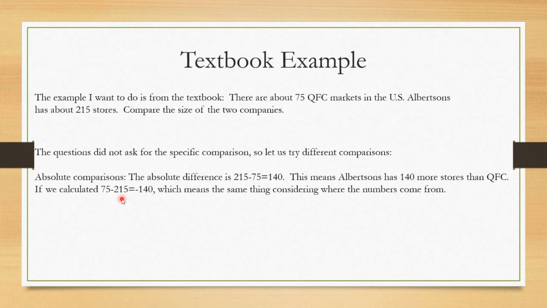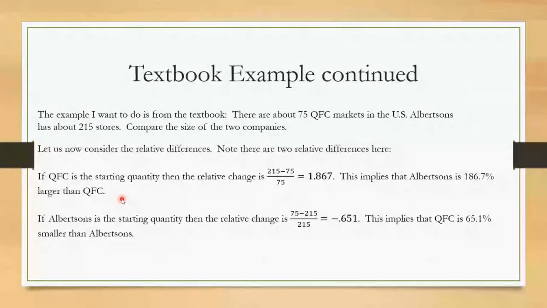Now that's with absolute comparisons. What about percent change? Well, that's what I'm doing here. As you can see, since we don't know the starting and ending values, which is which, there's different percent comparisons we can do. For instance, here I'm saying, let's let QFC be the starting quantity. Then we get this as our relative change.